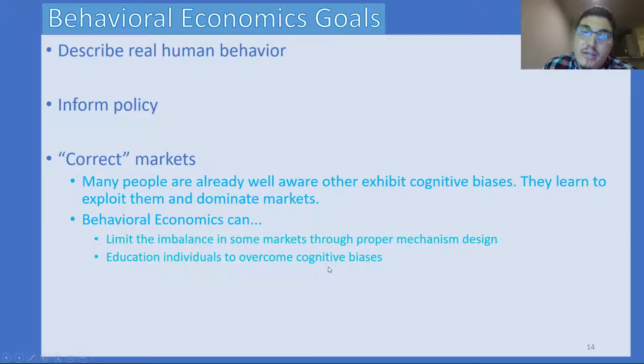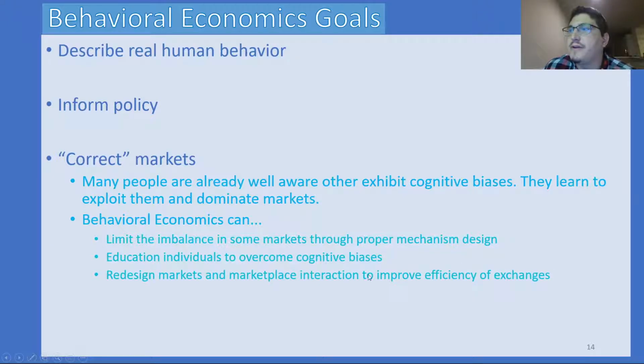Education of these cognitive biases should help individuals overcome them, although there are very limited impacts of education, as we've seen in experiments. And you can also redesign markets and marketplace interactions to improve the efficiency of exchanges and limit the role of cognitive biases in decision making.